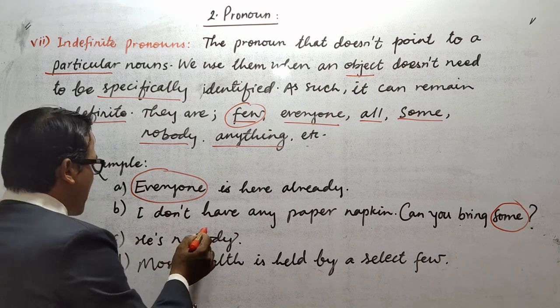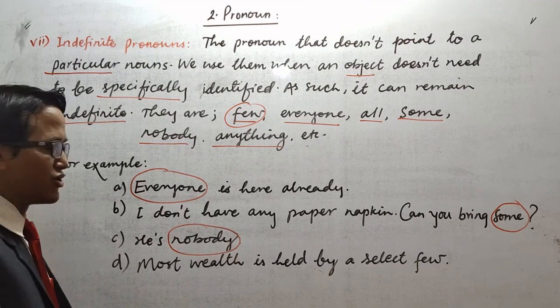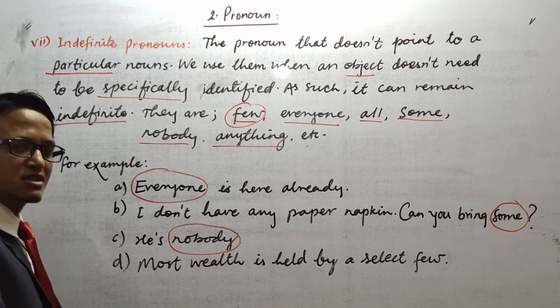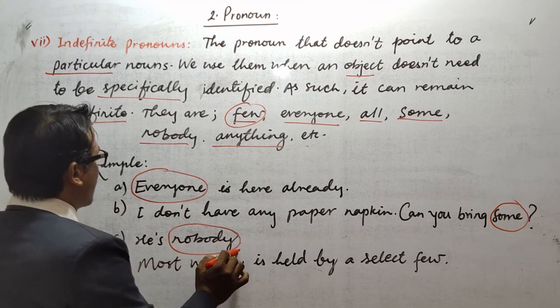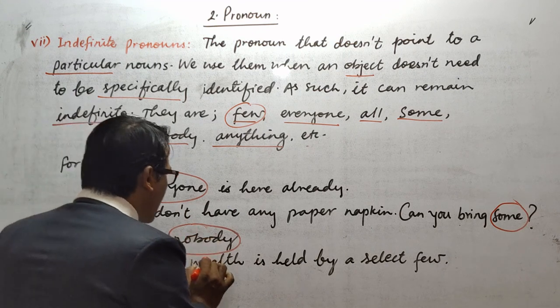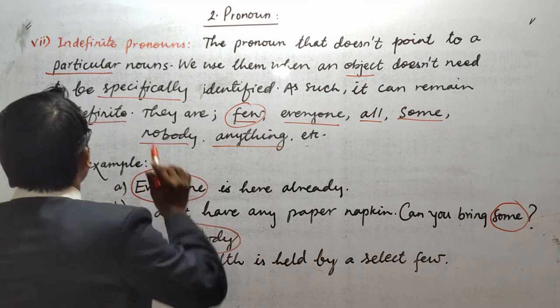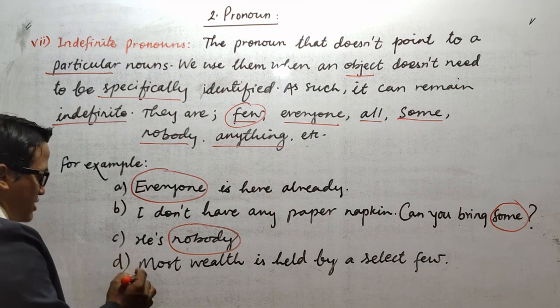Similarly, here is nobody. Nobody is here. It means no one is here. Not fixed, not a particular person. So that's why this is not specified, and that's why this is indefinite. The word is an indefinite pronoun. The next example is the last.